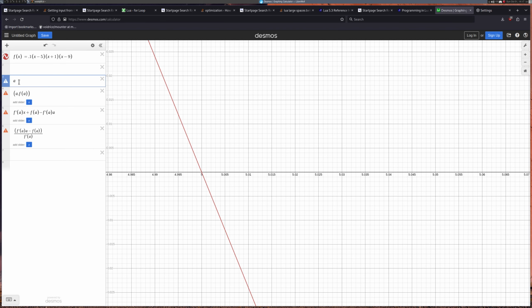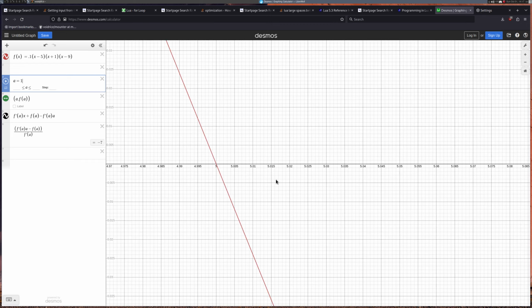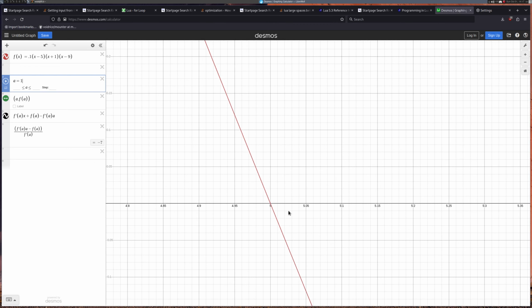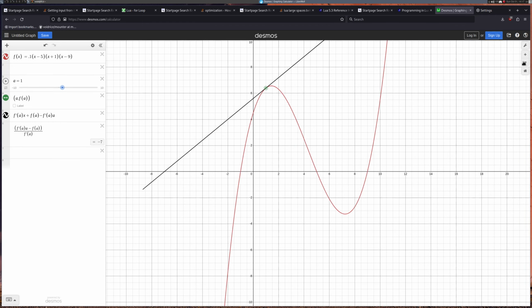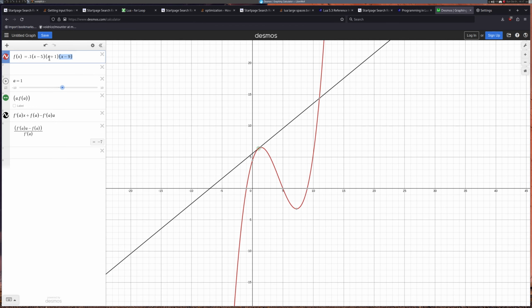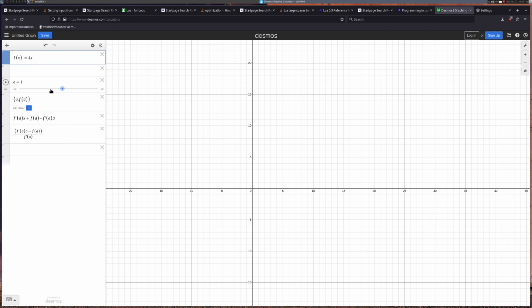Alright, so we need to know what close enough to 0 is. Now obviously we're going to need to do this far. So let's say now we don't know what the things are.